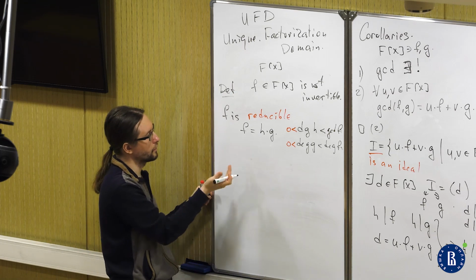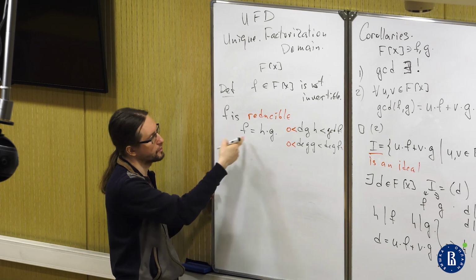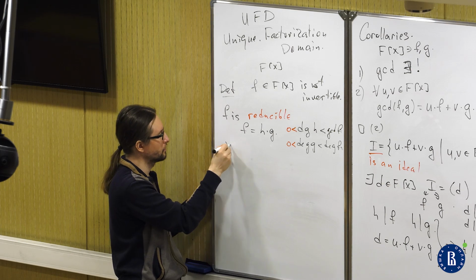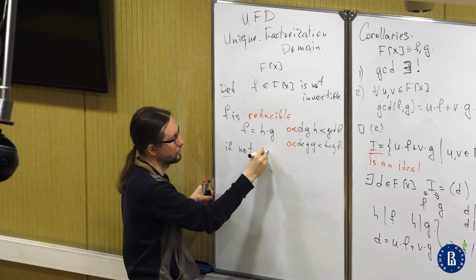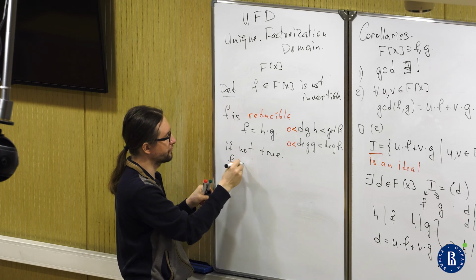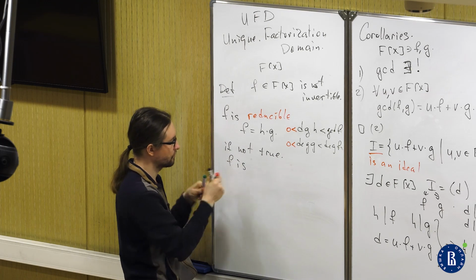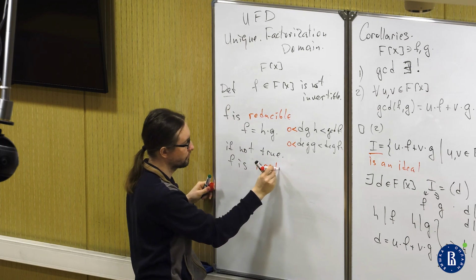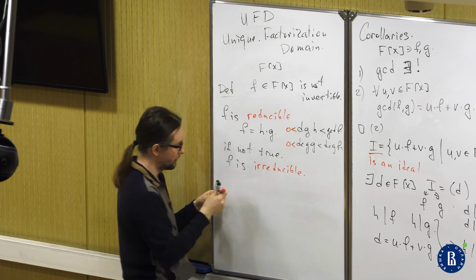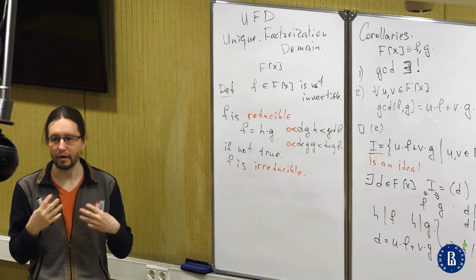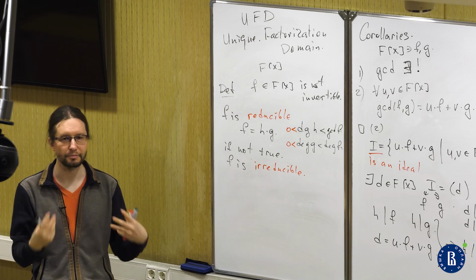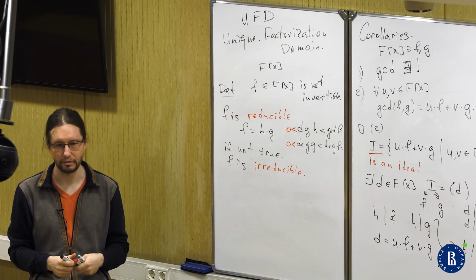And otherwise, if this is not true, we say that f is irreducible. So if it's irreducible, it's impossible to represent this polynomial as a product of two non-constant polynomials.